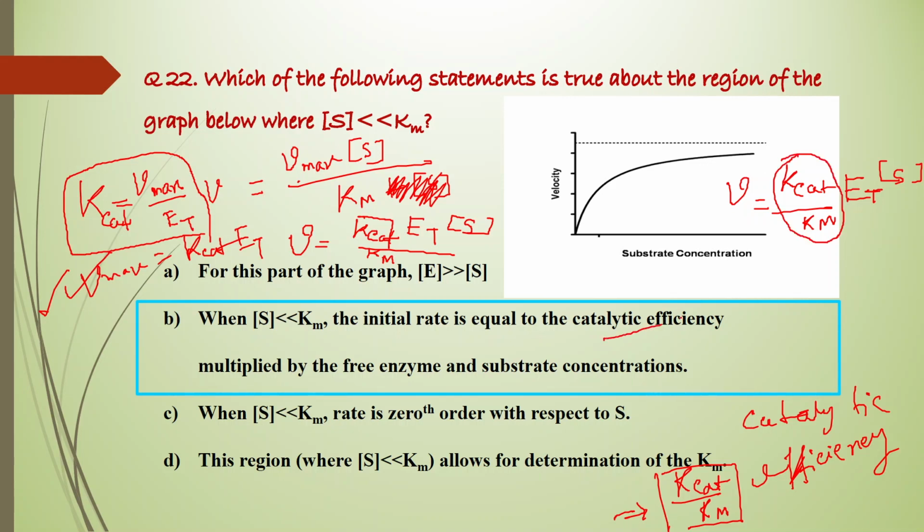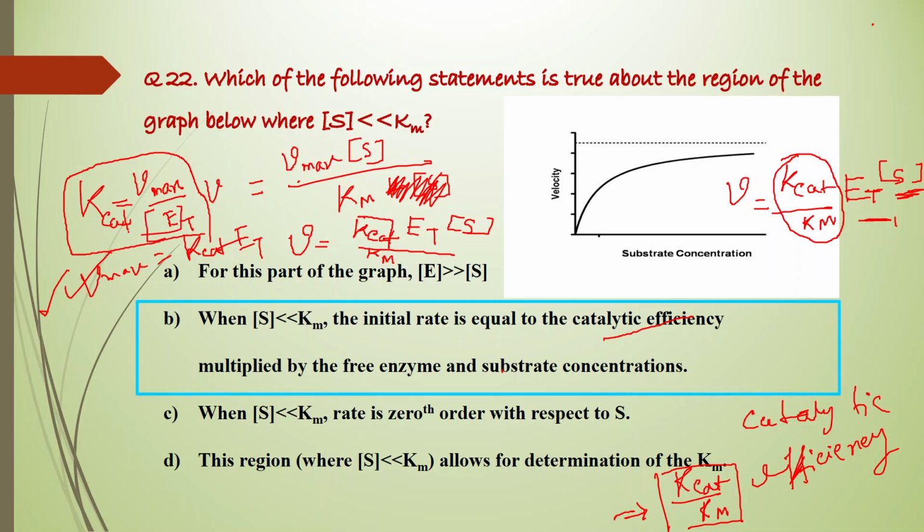Fine, the first thing, catalytic efficiency multiplied by free enzyme and substrate concentration. This was our correct answer. So what you needed to do, you just needed to substitute the whole thing. First of all, you needed to remember how to substitute Vmax. That Vmax is related to Kcat by this equation.